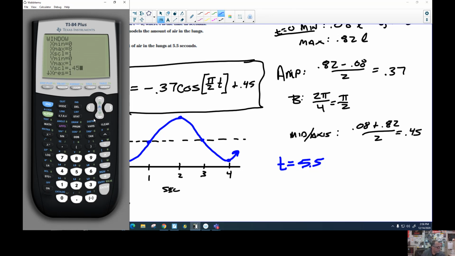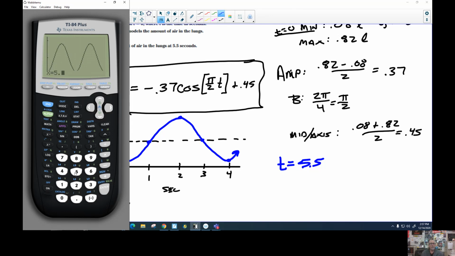All right, so let's graph that. Sorry about that. I think we're ready. Let's graph it. All right. So if we wanted to now, we could just do second calc, and the value we want is at 5.5.